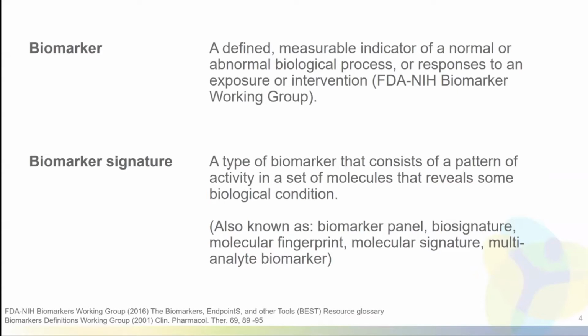A biomarker is a measurable indicator of a normal or abnormal biological process or biological response to an exposure or intervention. So for instance, blood glucose is a biomarker, and so are things like heart rate and blood pressure and so on. Now, a biomarker signature consists of multiple molecular biomarkers that taken together form a measurable indicator of this biological process or response.